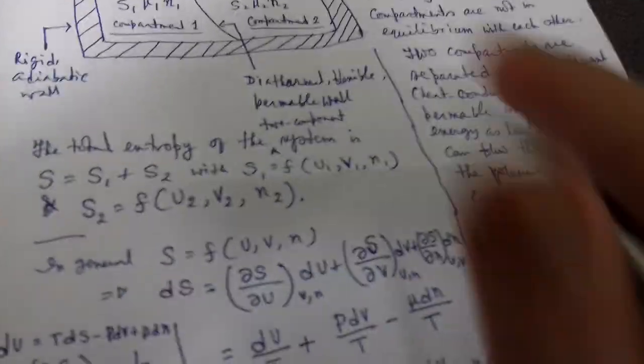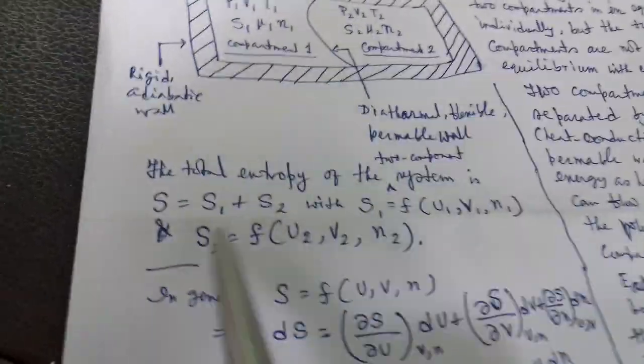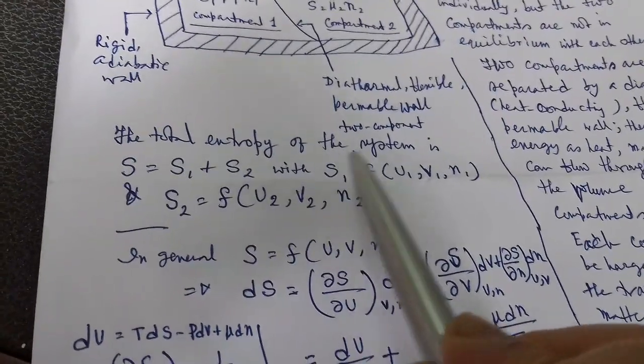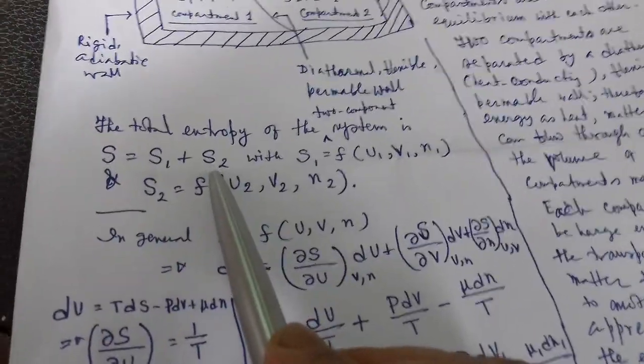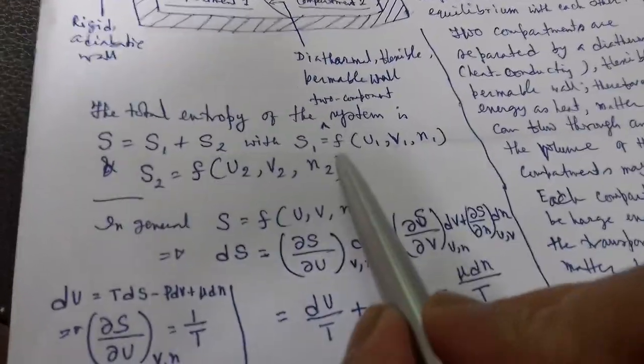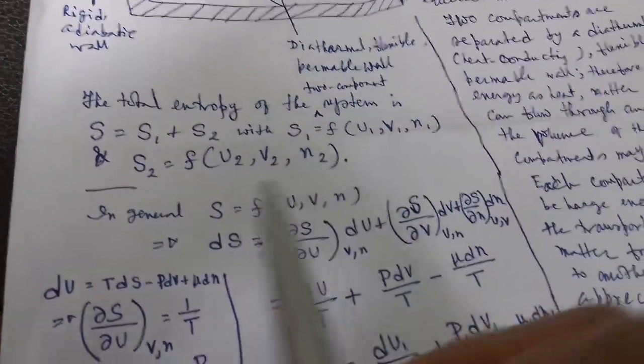Now in the whole model, the total entropy of the two-component system is S, which is S1 for compartment 1 and S2 for compartment 2, where S1 is a function of U1, V1 and N1, and S2 is a function of U2, V2 and N2.